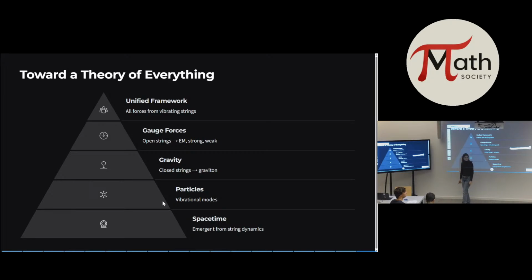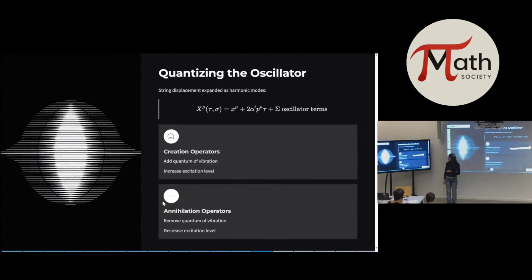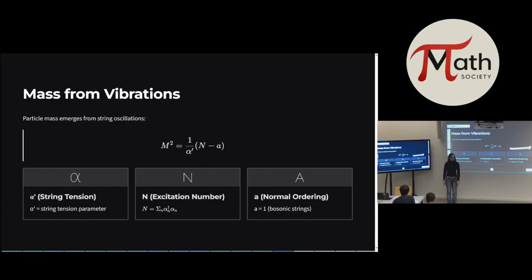You have this m squared equals, then the operator of the number of particles, minus the creation operator. So this expression is an operator, it has eigenvalues. And if it has more than one, then in principle we should observe that the mass just changes to another value.